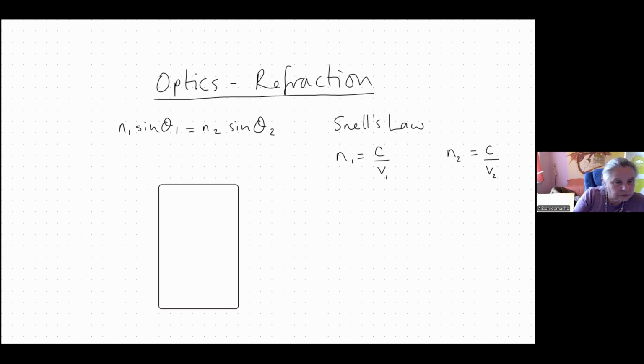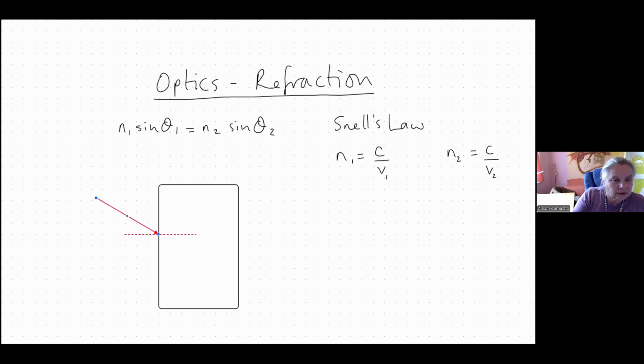Right, now the next thing I want to do is to remind you that all angles are measured between the ray and the normal. So I've just drawn in the normal. And so, right now, my rays, oh, look, it's dotted. I don't want it to be dotted. Let's make it solid, shall we?